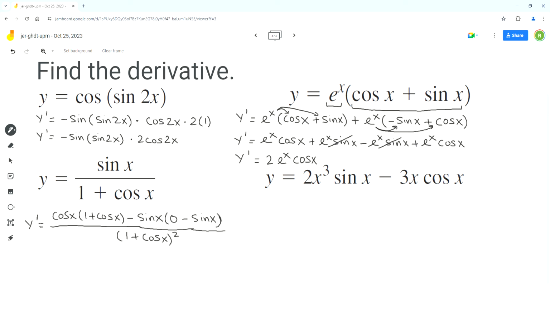Now we can simplify the numerator. In the numerator, we can distribute the cos x into the parentheses.